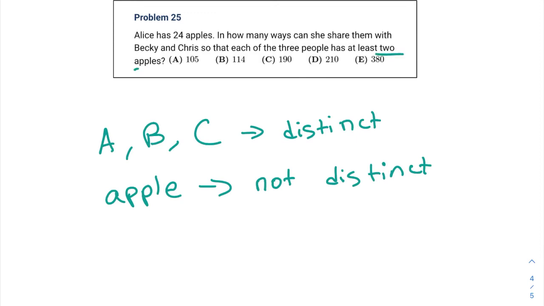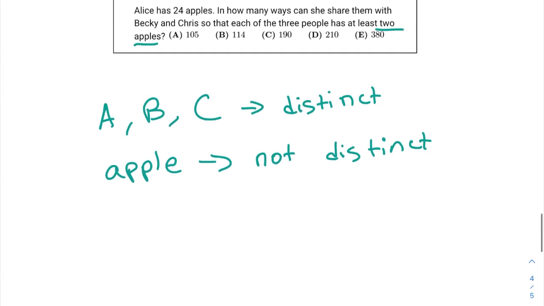However, in this problem, there's a restriction that everybody has to have at least 2 apples. So how will we get through this restriction? Well, in sticks and stones, we have the apples, which let's say are circles, and we have 24 of them. I'm not going to draw them all. And then in this case, we have 2 barriers because there's 3 people.